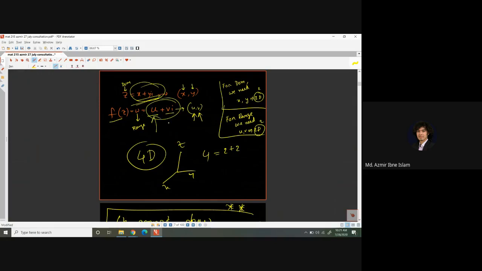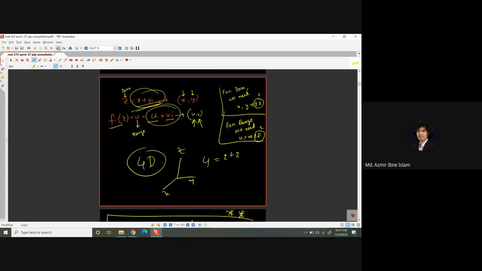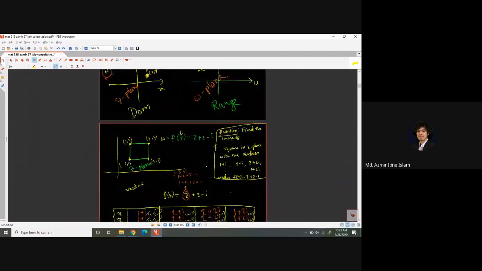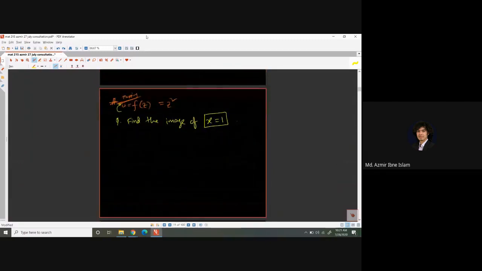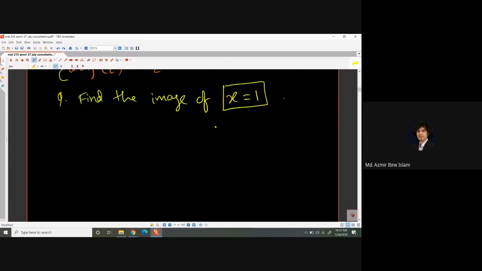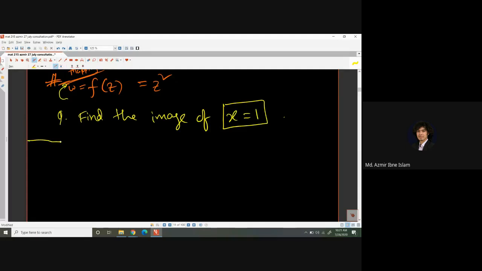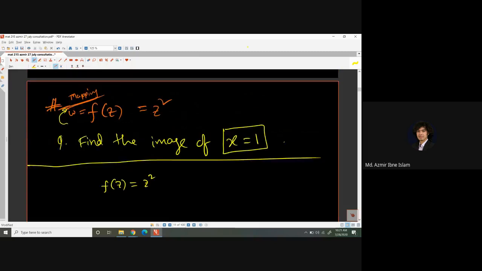That means it will have a real part and imaginary part. The same idea will be applied here. We have the function f of z equal to z squared. Besides this question, invisibly we have another question.